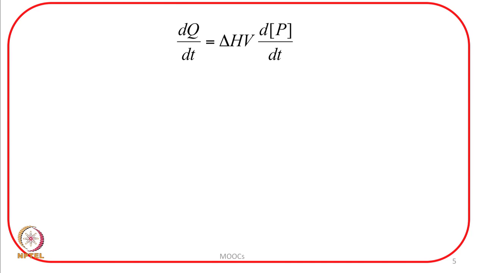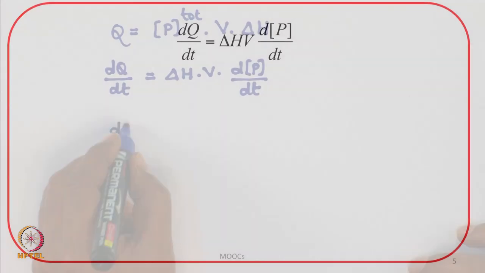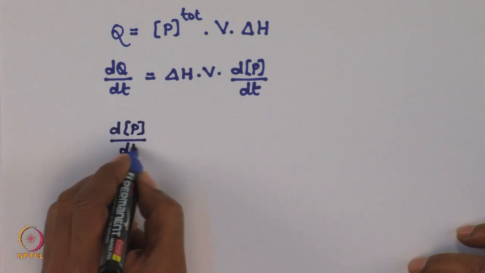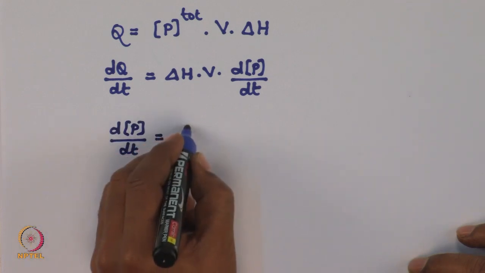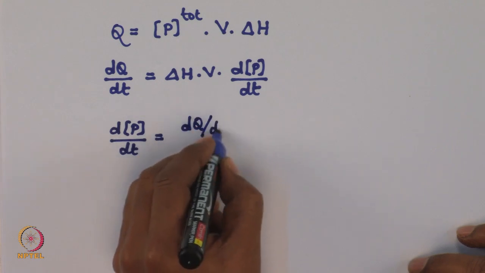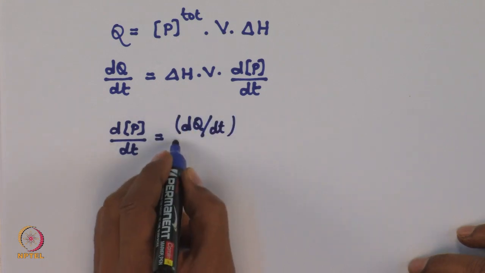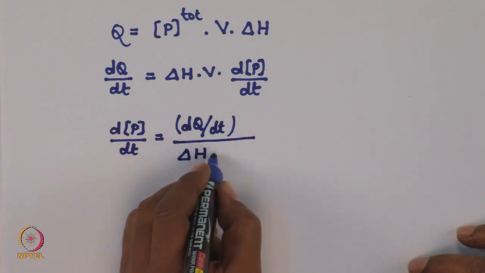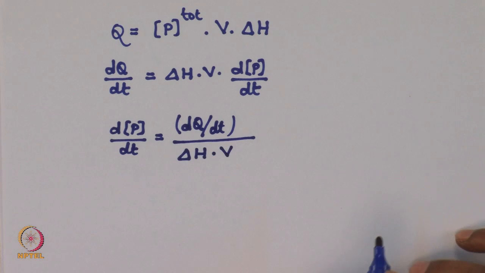Now, if I rearrange this equation, I have dp by dt is equal to dq by dt divided by delta H into V.